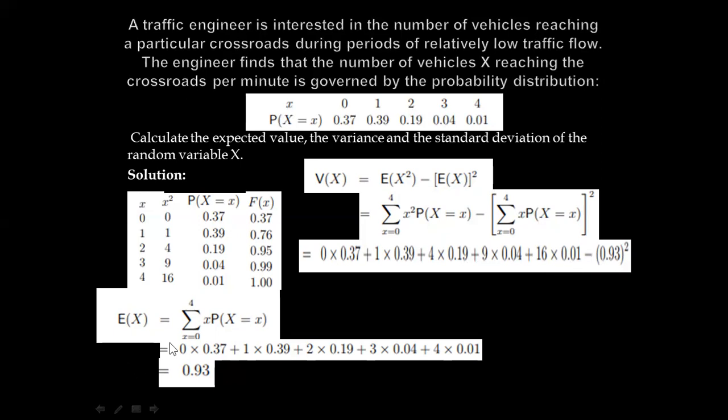Subtract E of x, 0.93, squared. This gives us a variance of 0.8051.